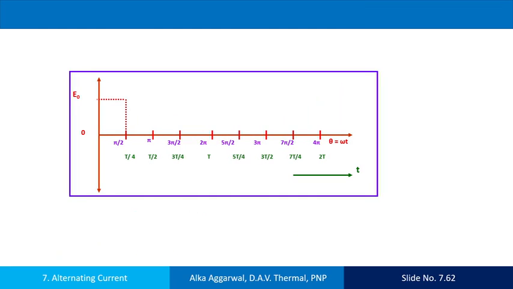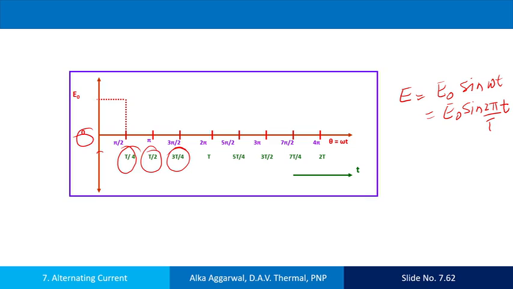Now, if we are trying to plot the graph between the EMF and t using the relation E equals E naught sin omega t, in place of omega just use 2 pi upon T, and replace the t first by 0, then T by 4, T by 2, 3T by 4, and so on.